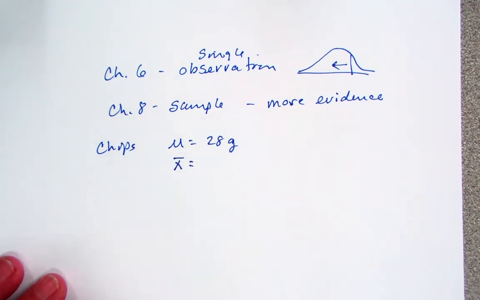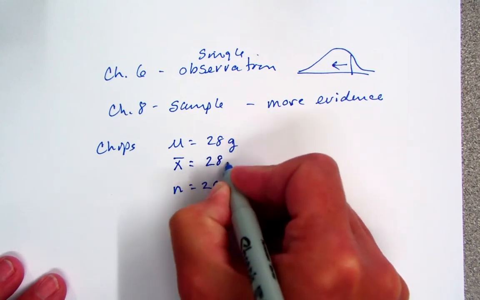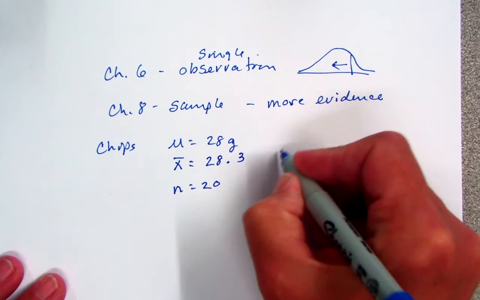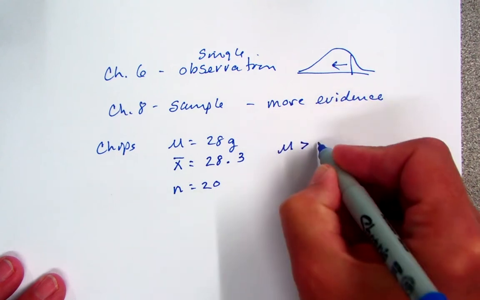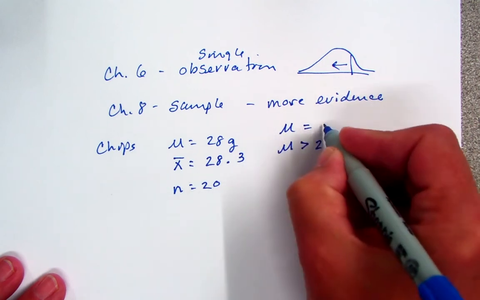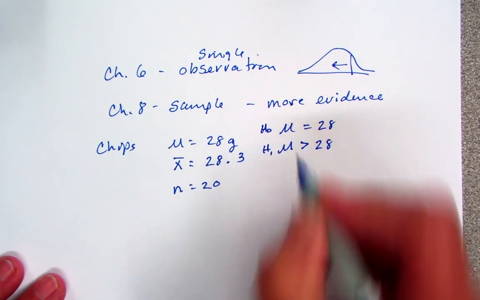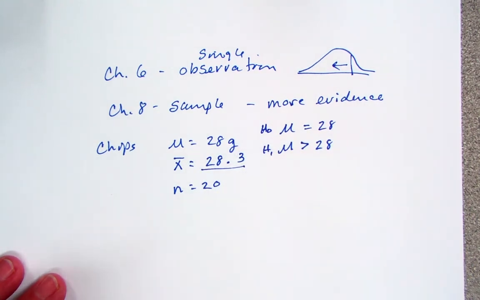My sample, however, of 20 bags weighs 28.3. I'm trying to test, is mu greater than 28? So my null is mu equals 28, and this is my alternative. I'm trying to check, yes, this number is larger than 28. And I'm looking at 20 bags.